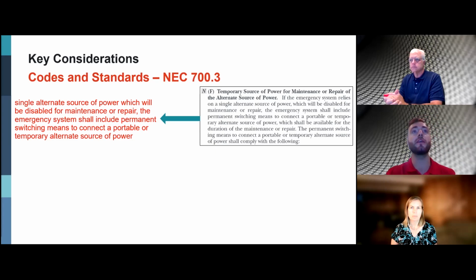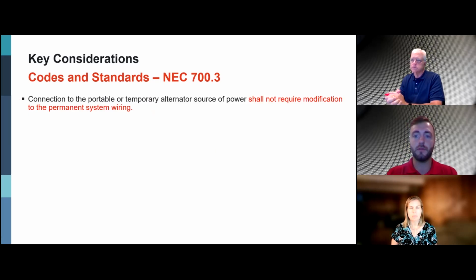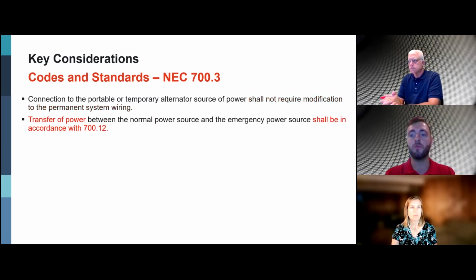So with that being said, if your emergency power supply system meets those requirements of needing a temporary source of power, then you need to make sure that your temporary source of power complies with the following. The following being that it shall not require modification to the permanent system wiring, and transfer of power between the normal power source and the emergency power supply source shall be in accordance with NEC 700.12.